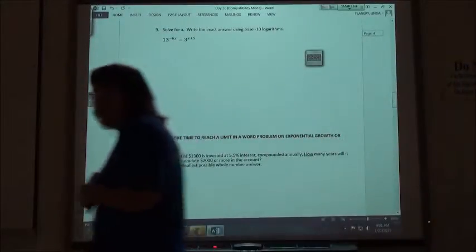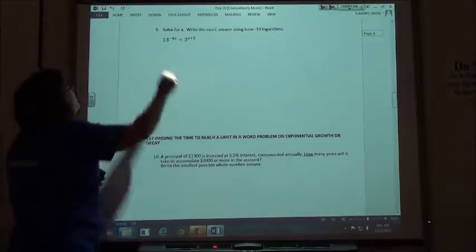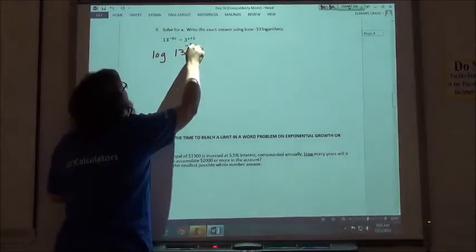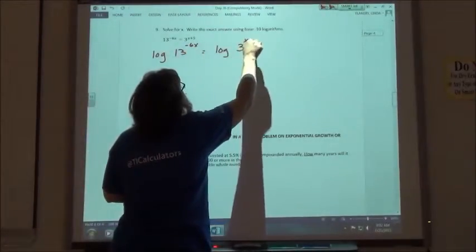So number 9, what should I do first on that one? Log of both sides. So log of 13 to the negative 6x equals the log of 3 to the x plus 5.